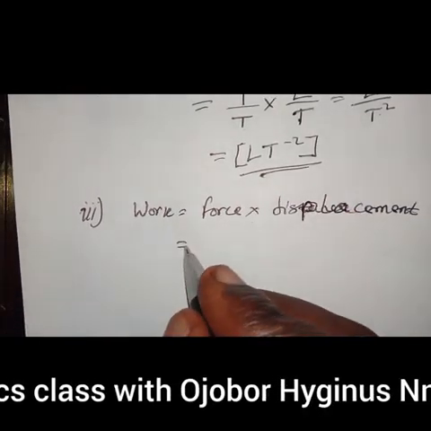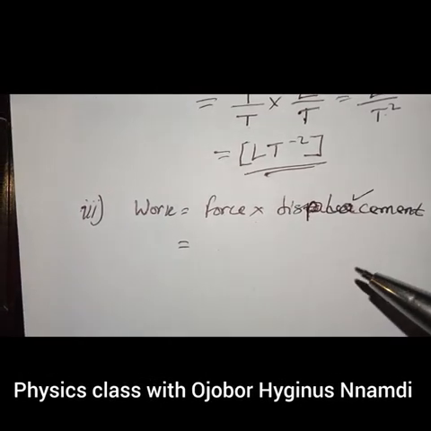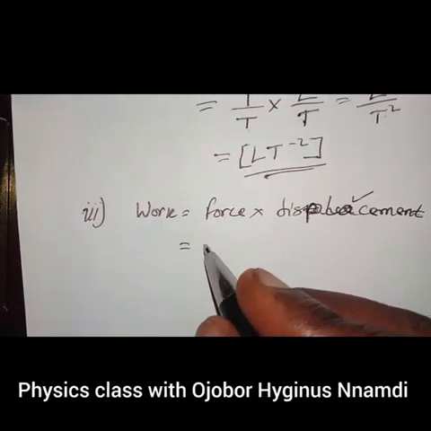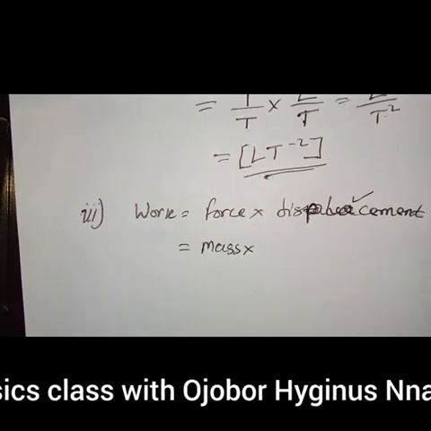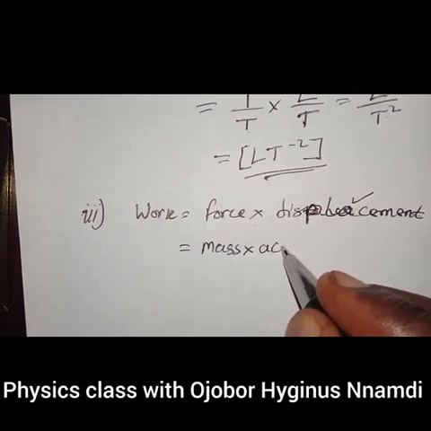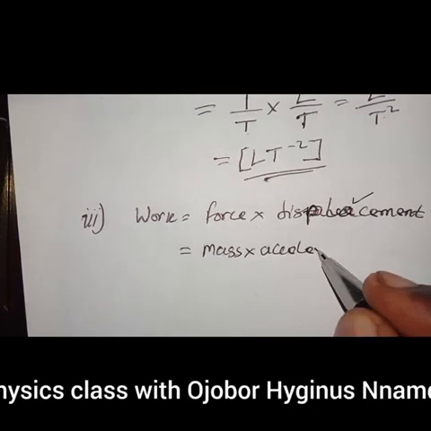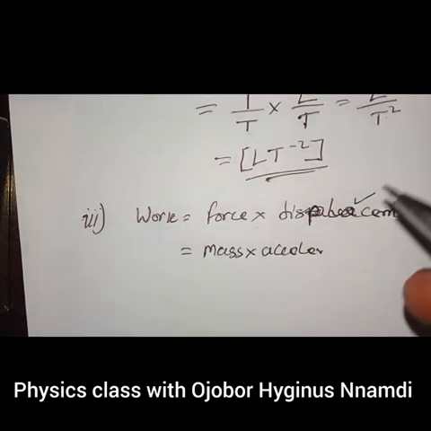And we know that displacement is already known as a fundamental quantity, the same as length, while force is not known. So if we break down force again, force is mass times acceleration. I'm solving this as if we've not solved force before, as if this is just the question that comes out in exam. But if you have solved force before in the previous question, you don't need to resolve it again. You just call it up here.